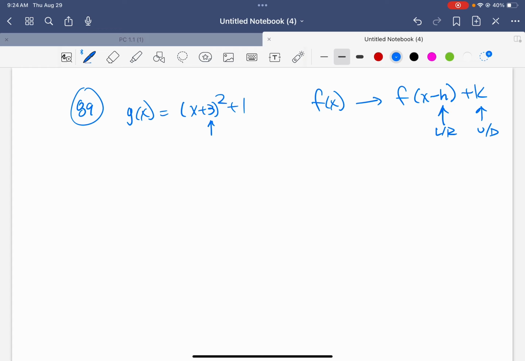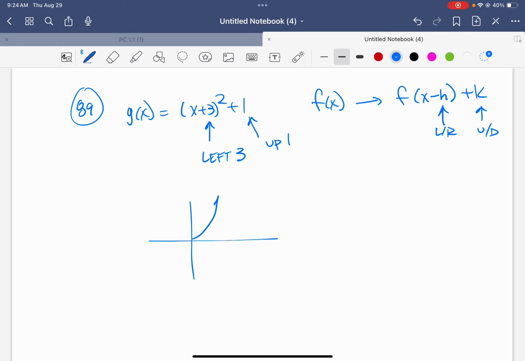So here, we could think of this as x minus a negative 3 plus 1. But if that's too confusing, we just know it does the opposite. So x plus 3 means that we move that thing to the left 3. On the outside, this means we move up 1.